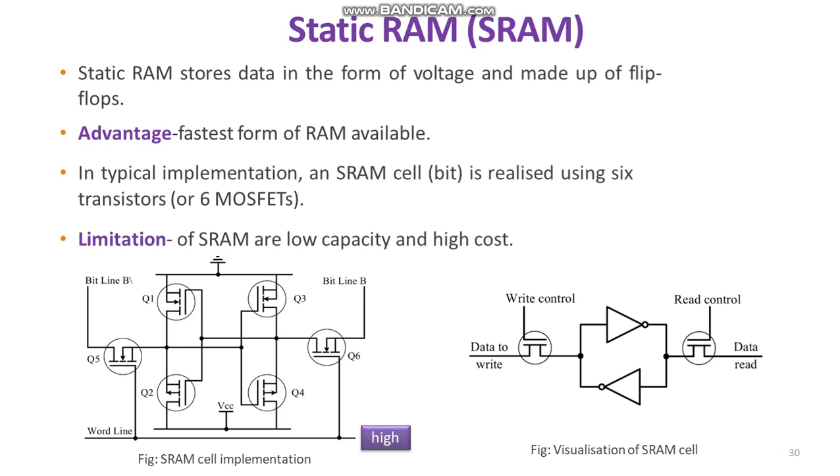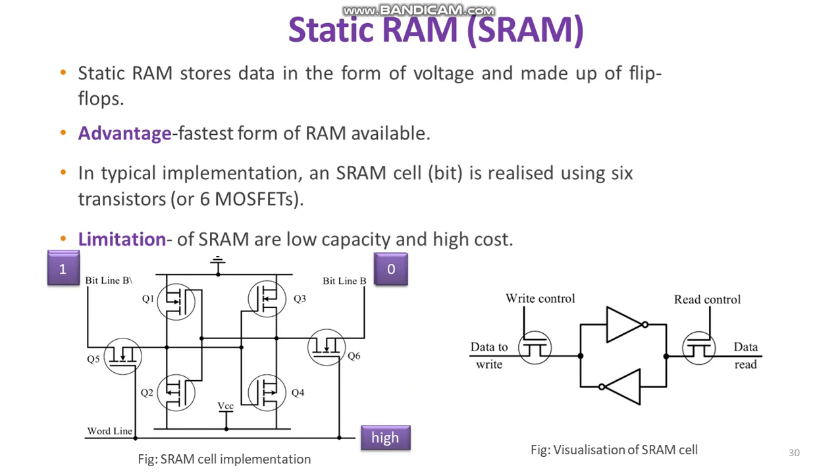Let us understand how it is used to read and write the data. For writing 1, B is made equal to 1 and B bar is made equal to 0. If we want to write 0, the bit line B is equal to 0 and bit line B bar is equal to 1, and we also make the word line high, that is equal to 1.